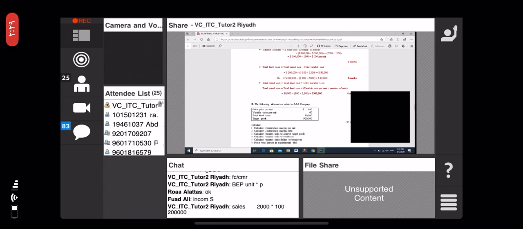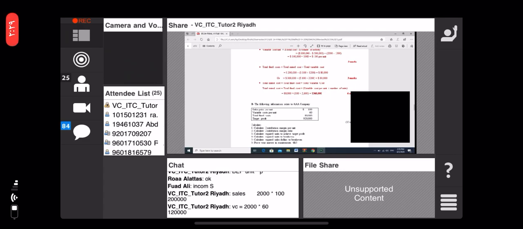And what's the amount of variable cost? Variable cost will be equal 2,000 multiply 60. 60 is variable cost per unit. So the amount will be 120,000.